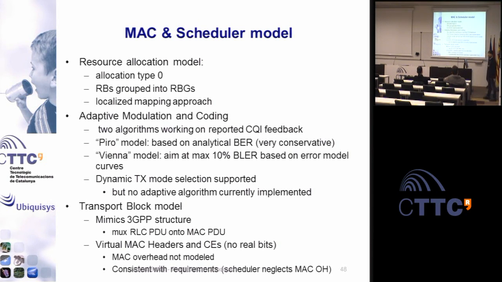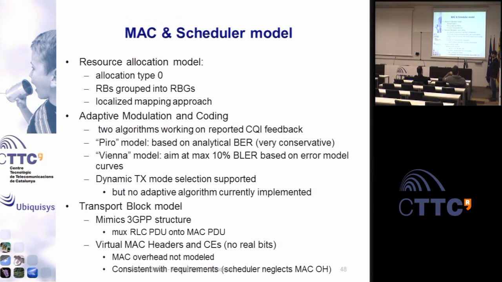In principle, the simulator model supports a dynamic selection of the transmission mode, like you can change from transmit diversity to spatial multiplexing. What does it mean that this is supported?